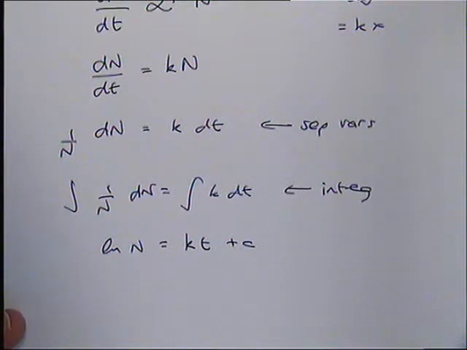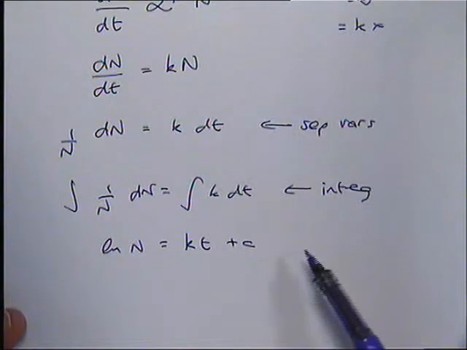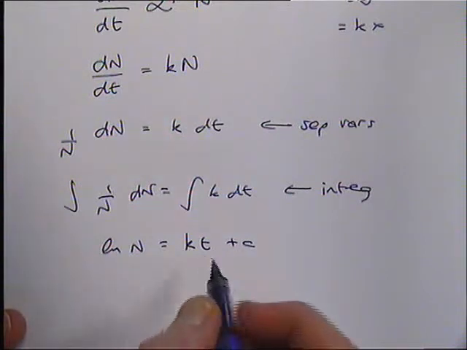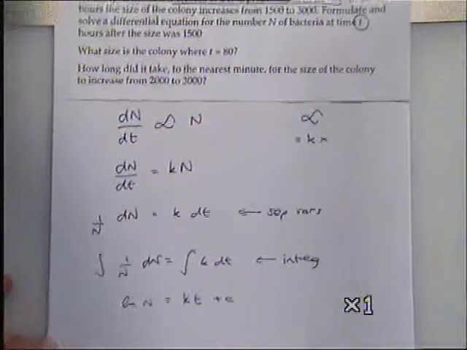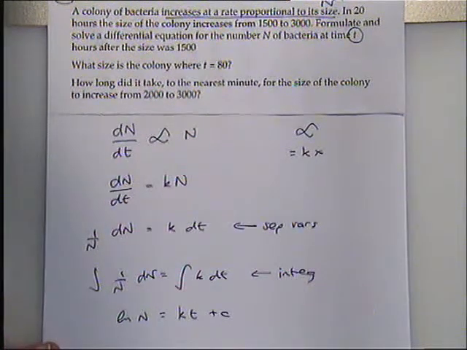Okay, so there we have a differential equation up here, and here we've no longer a differential equation. There's no dx's or dt's or dn's or anything else in it. Now, we need to find out two things here, really. We need to find out what c is, and we need to find out what k is. So how did we go about finding the values of c's and things last time? Put in two values. So what values have we got? n is 1500 when t is 0, and then it's 20 equals... Yeah, that's right.